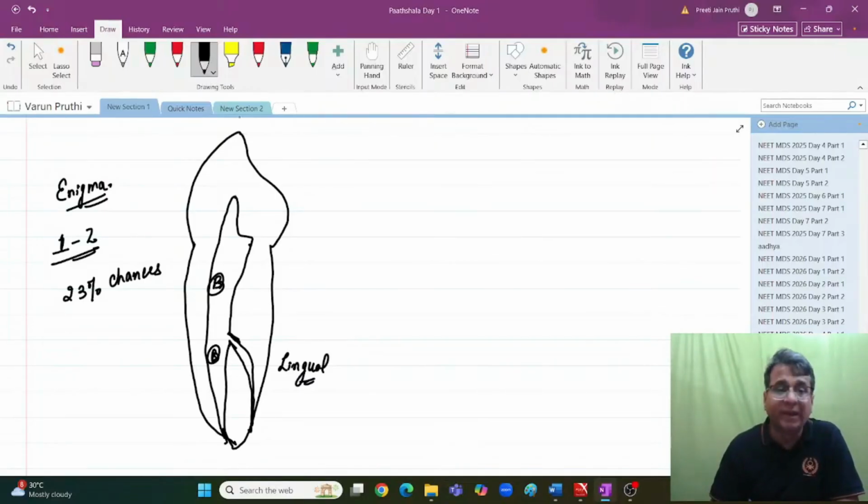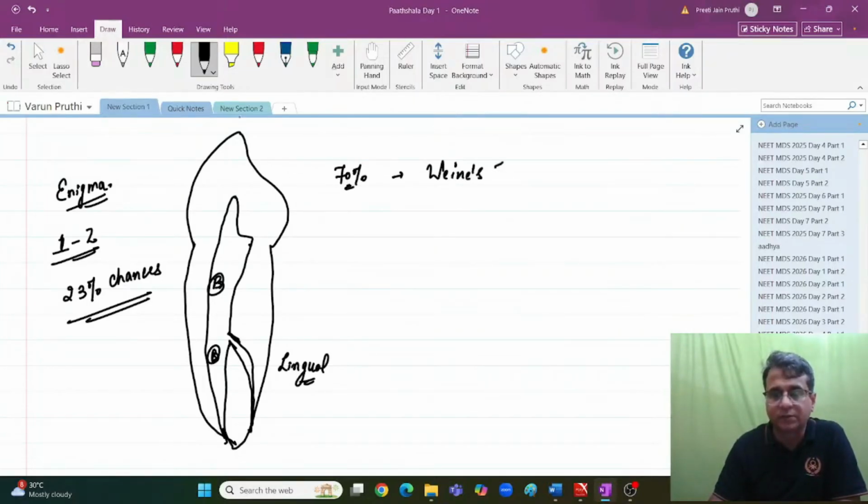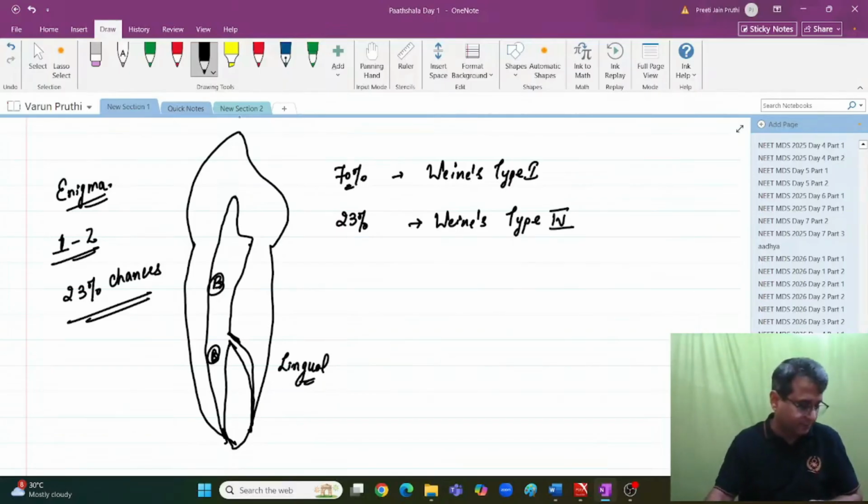So there are 23% chances of this 1-2 pattern. 70% of the time it shows Vertucci type 1 pattern. But 23% of the time it shows Vertucci type 4 pattern.